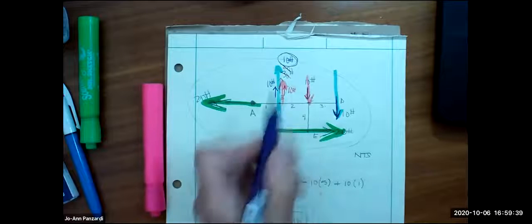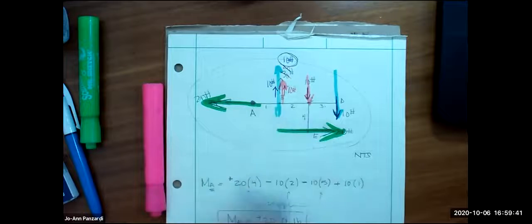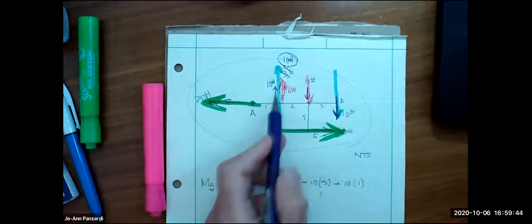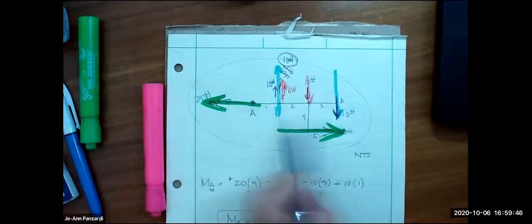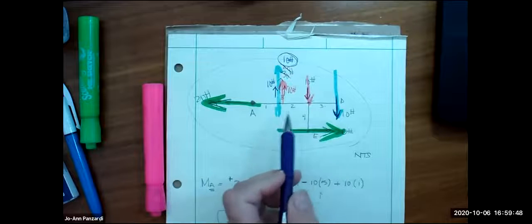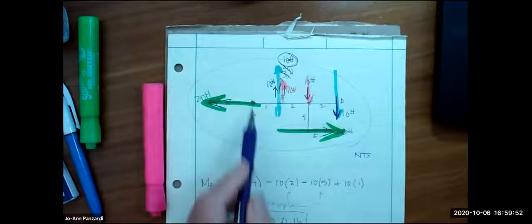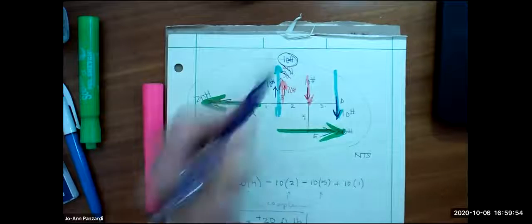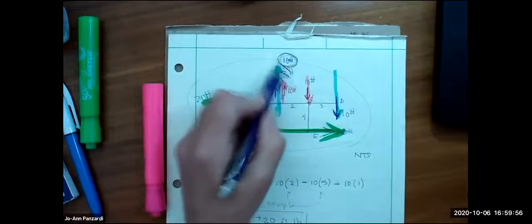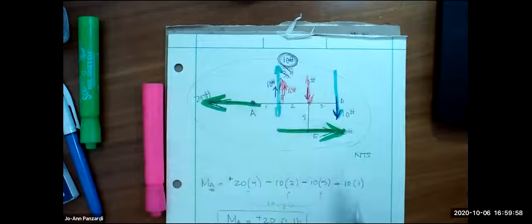And you said yes. There's a pink 10, so it's 10 times 2, negative. There's a blue 10, 10 times 5, negative. There's a green 20, 20 times 4, positive. And then in addition, there's this lone 10 that's not a couple, and I have to include that. And of course, now I would need the distance to point A.